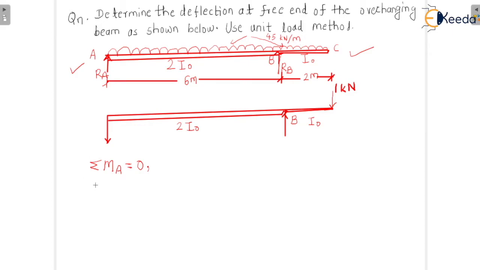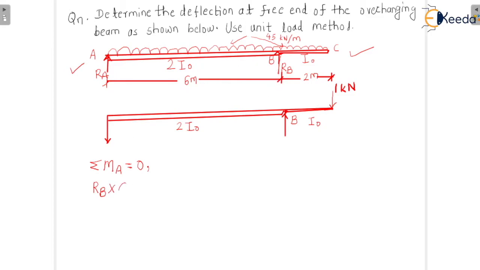So we can write this equation as Rb. Suppose we consider clockwise positive, but anyways one is going anti-clockwise and one is going clockwise. So we can write Rb into load into perpendicular distance.